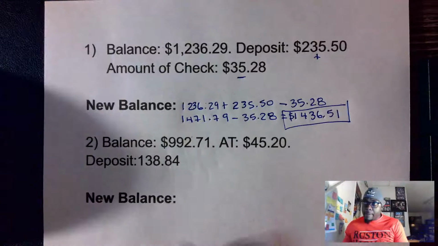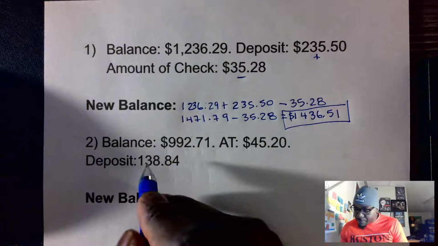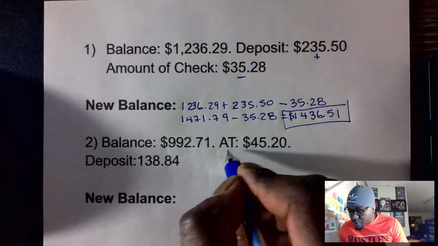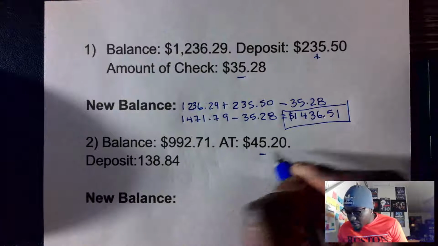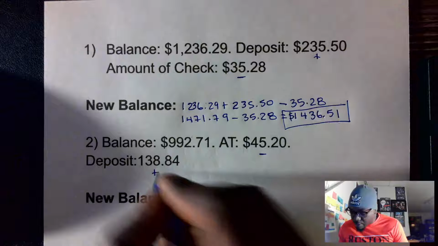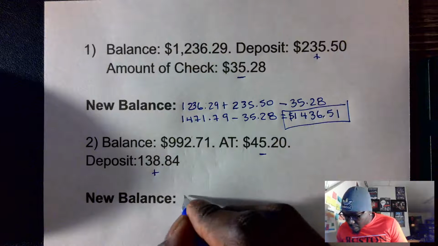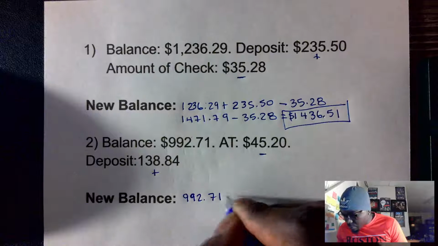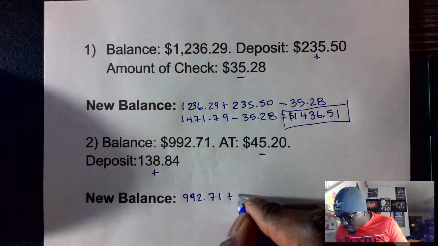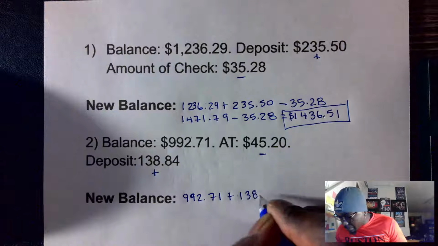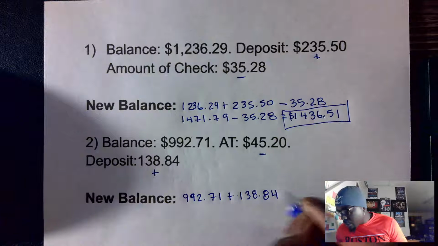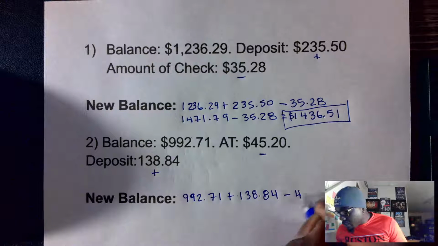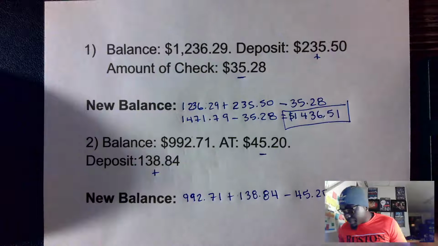All right, now let's go to this one. New balance. Automatic transfer means I'm subtracting from my account. Deposit means I'm adding. So my new balance is previous balance 992.71 plus my deposit, which is 138.84, and then I'm subtracting 45.20.